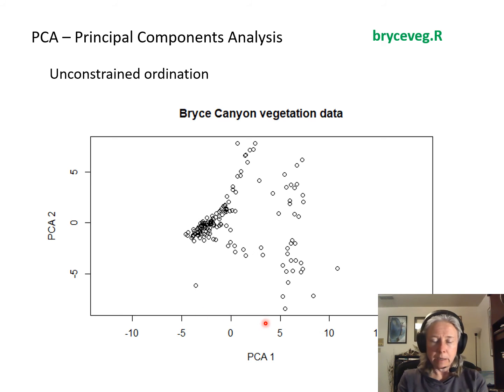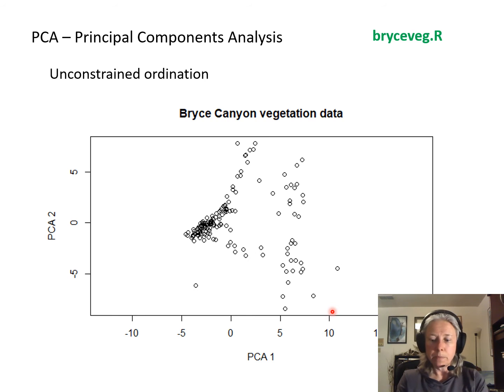And that kind of makes sense because in PCA, the axes are automatically ranked. PCA 1 accounts for most of the variation in your data, then PCA 2, then 3, then 4, and so on and so forth. So it's not surprising that when we plot the sites in this ordination, we get more separation here than we do here.